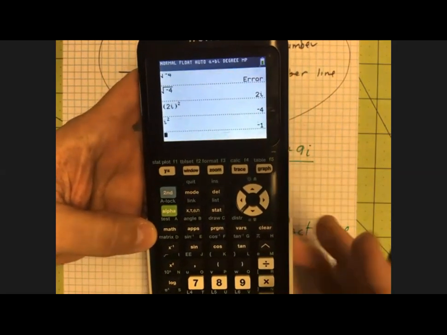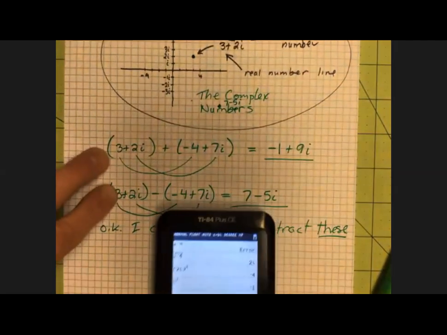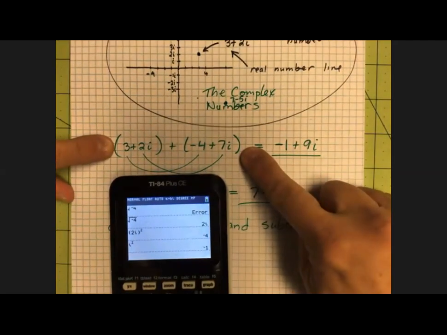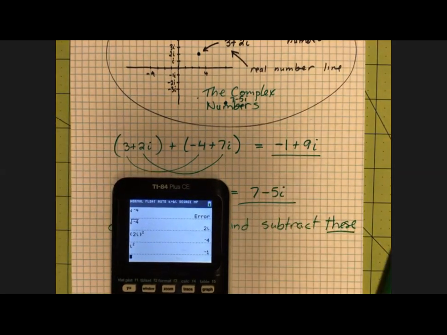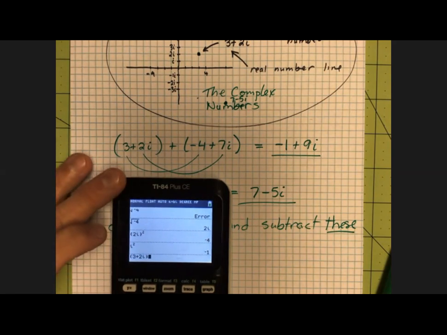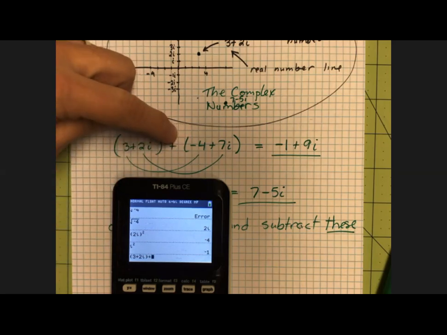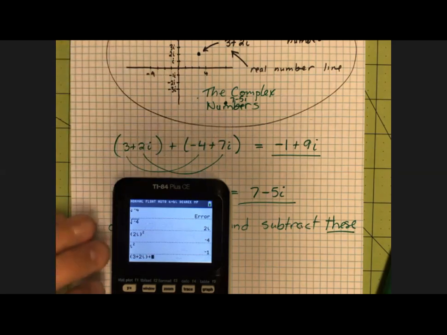Okay, let's try this. If it's built into every calculator, could I just type these things in and get the same answer that I did? Not that I needed to, because they weren't that complicated. Well, let's try it. 3 plus 2i plus -4 plus 7i.